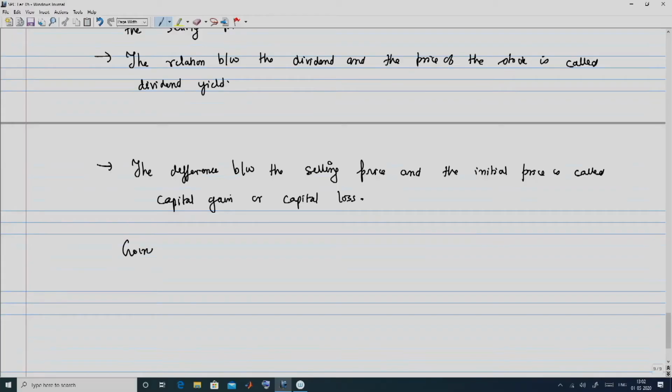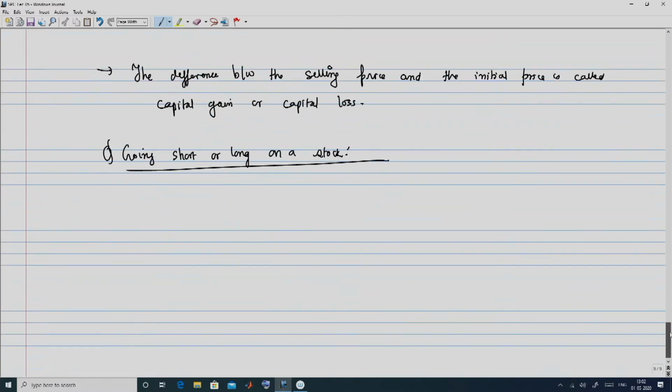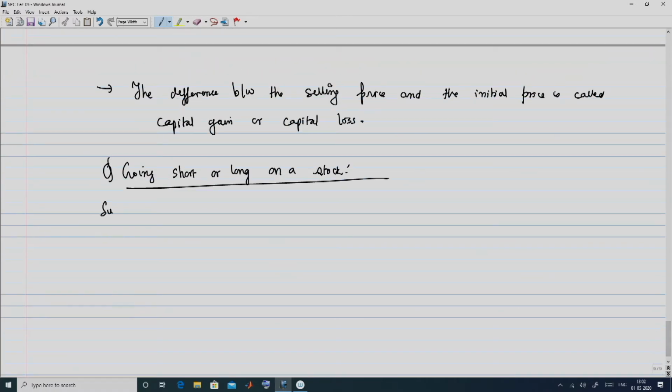So, let me start the last topic, which is going short or long on a stock. I begin with a motivation for why this concept of short selling exists in the first place.